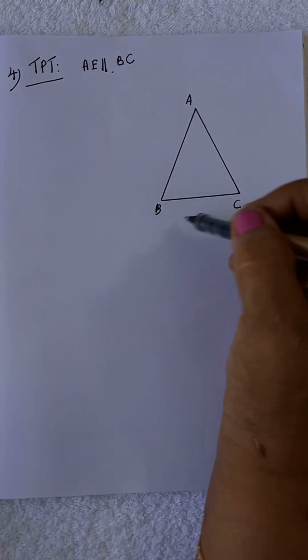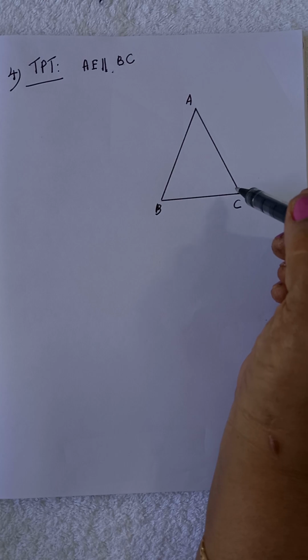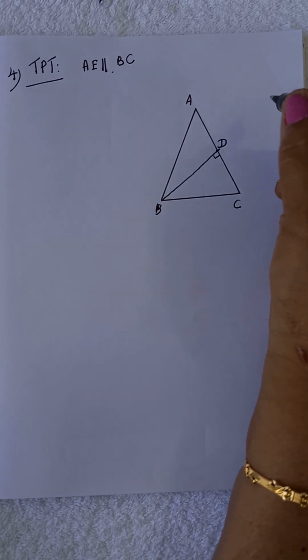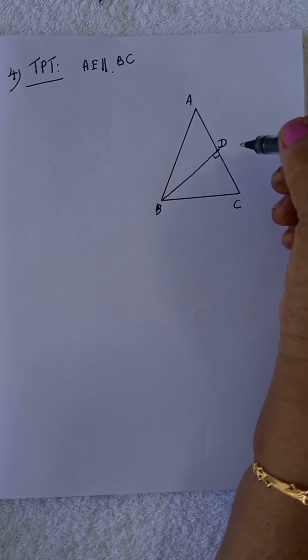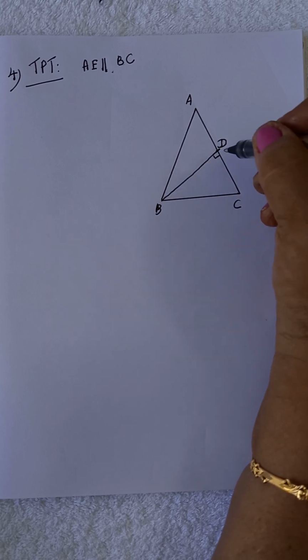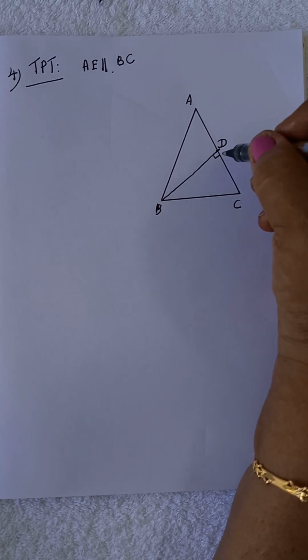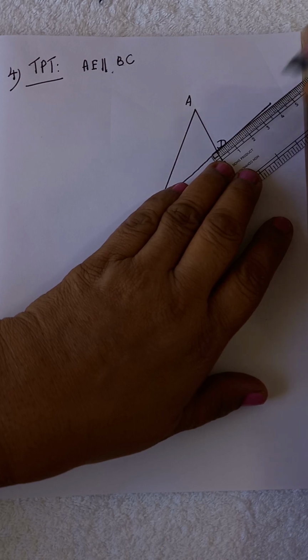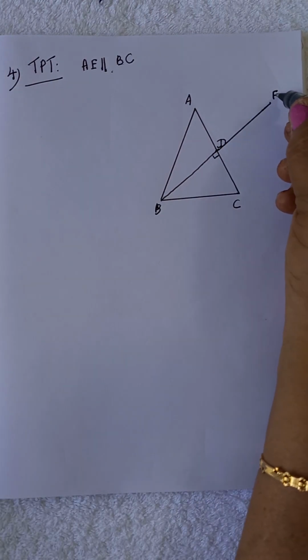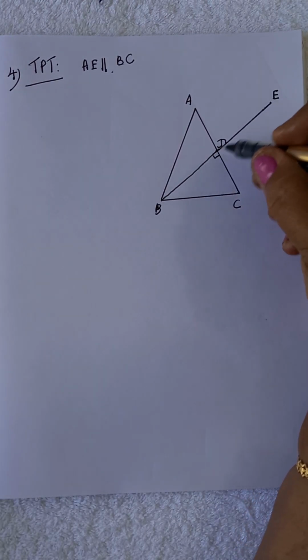Now the fourth question. In a triangle ABC, BD is the median to the side AC. Again, what is given? BD is produced to E such that BD is equal to DE. So we have to produce this BD up to the point E, so that BD is equal to DE.